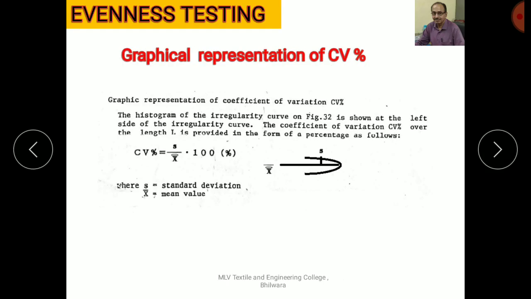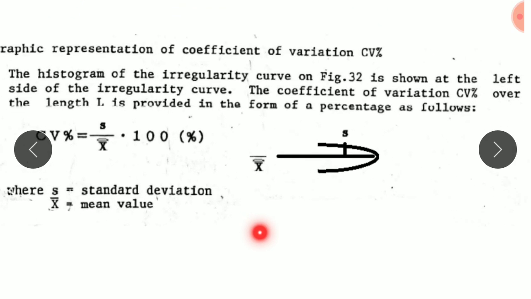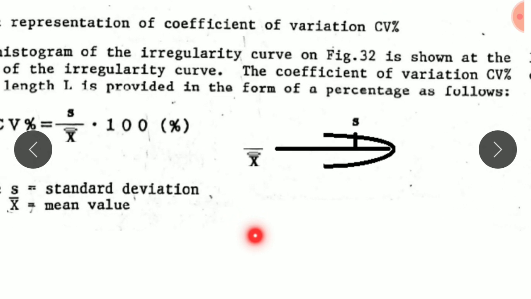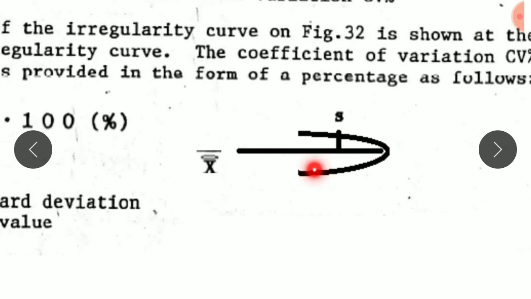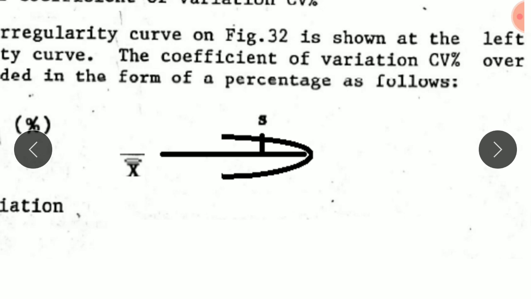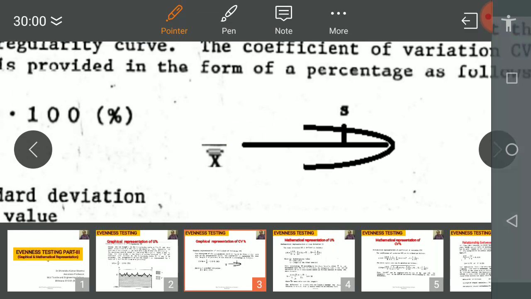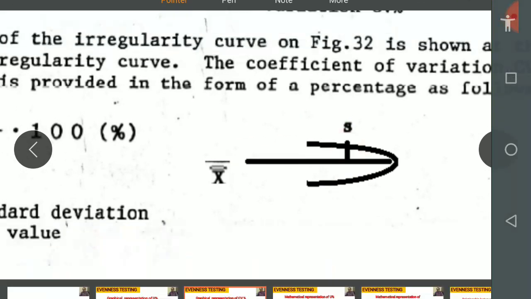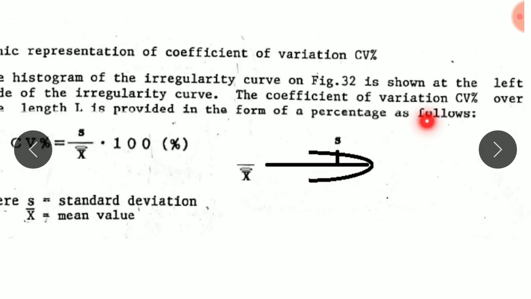Now the graphical representation of CV percent. Let us consider the variations are normally distributed. This is the normal distribution of the variations. The central line represents the mean, mode, median. So x bar is the central line, and this distance refers to the deviation present in the materials.